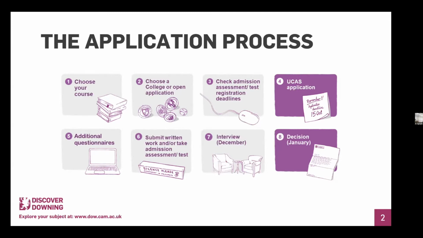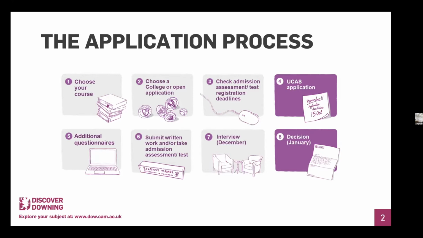The other thing to note is the UCAS deadline is the 15th of October, and this is a lot earlier than other universities. So make sure you start preparing your application from now. Really start thinking about the types of things you need to put in your application, for example, your personal statement, because you should be reviewing this at school in September when your schools start, and really getting your application to the point where it's ready to submit before the middle of October.